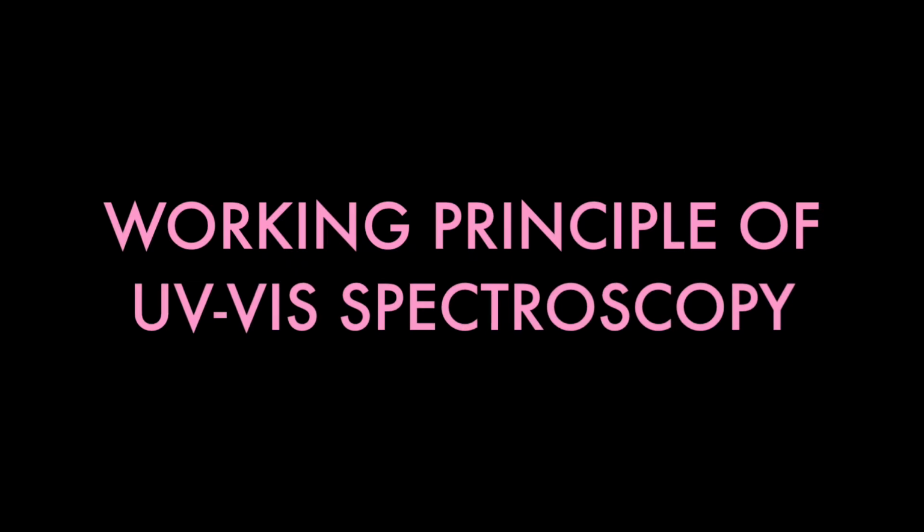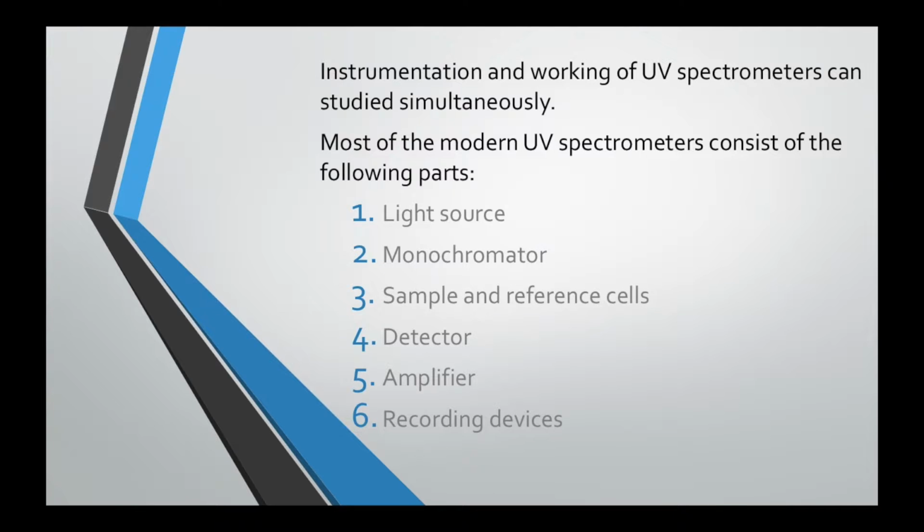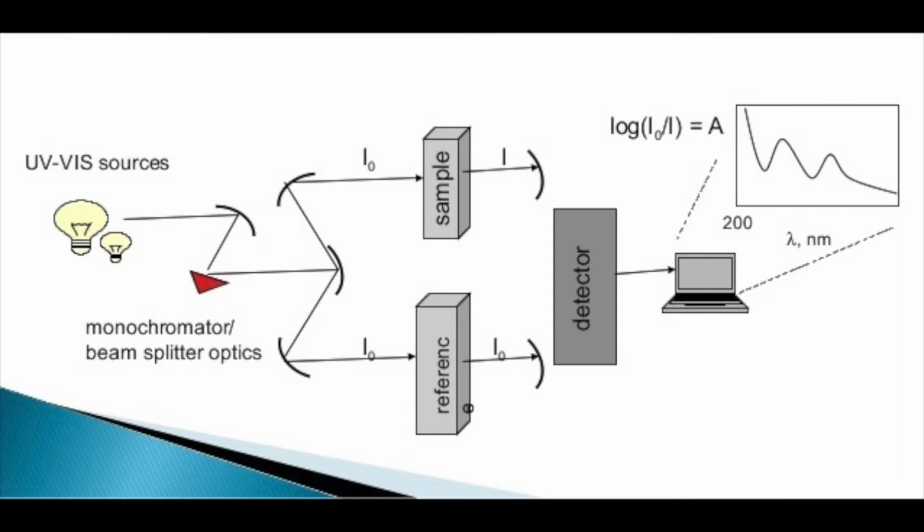Next, I will explain the working principle of UV-Vis spectroscopy. Instrumentation and working of the UV spectrometers can be studied simultaneously. Most of the modern UV spectrometers consist of the following parts: light source, monochromator, sample and reference cells, detector, amplifier, and recording devices. The figure shows the components of UV spectrometers.